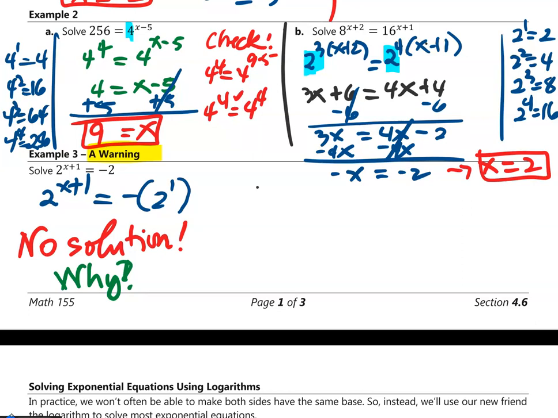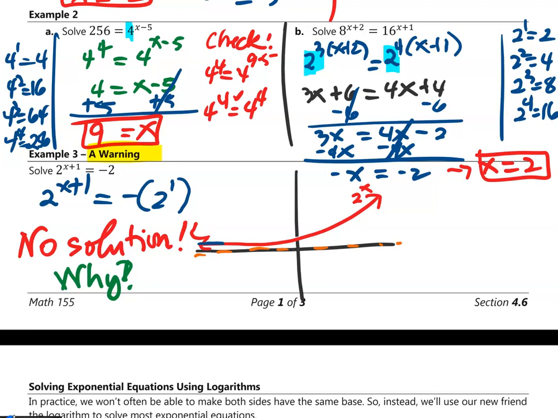So we know that if you graph 2 to the x, you have a horizontal asymptote here, and this is the graph of 2 to the x. And 2 to the power of x plus 1 means 1 to the left.